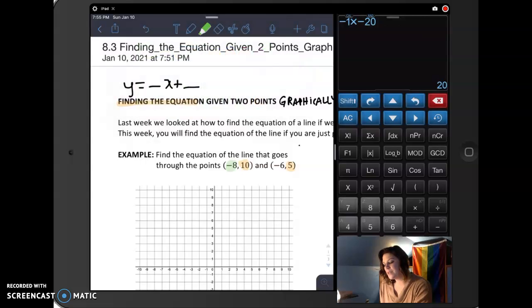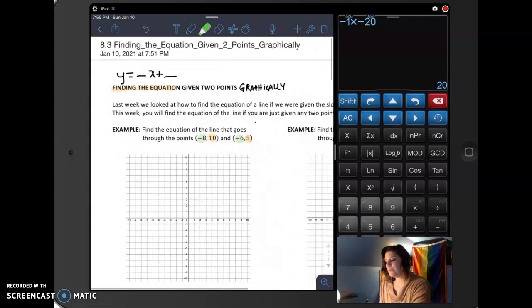And sometimes it's good to do the problems graphically. Remember, graphically means visually, using a graph. Sometimes it's really nice to do problems graphically because it shows us the true meaning behind what's really going on in the problem. When we do things algebraically, it's lazy, right?